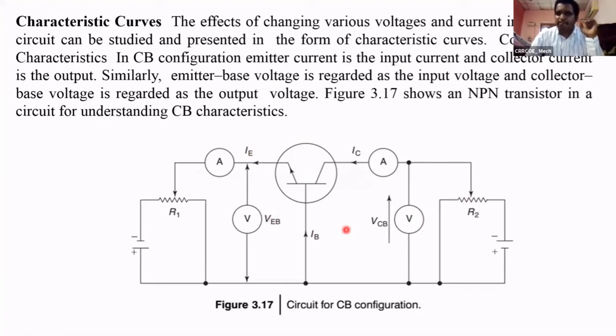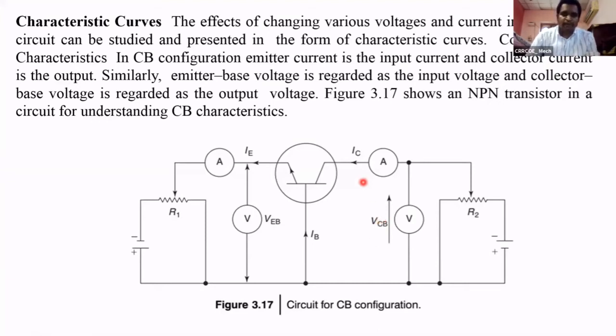Similarly, the output voltage VCB is the collector voltage minus the base voltage, VC minus VB. The relationship between the collector current IC and VCB gives the output characteristics. The characteristic curves represent the variation between current and voltage. Based on that, we can understand the properties and working of these transistors in different modes.